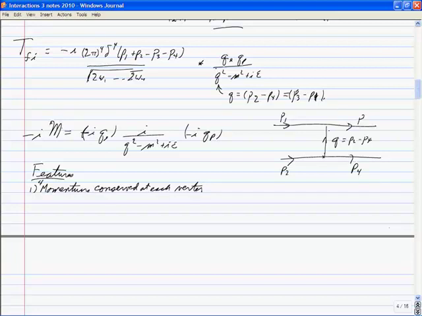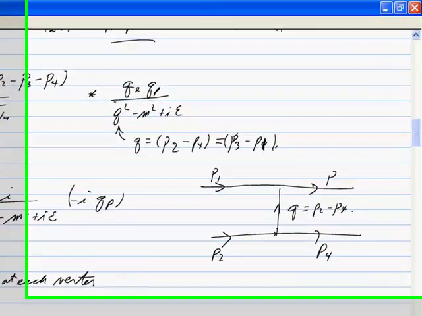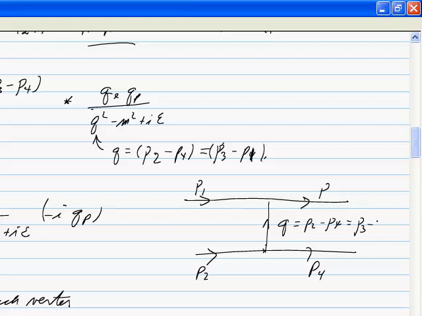And then up at the top here, since there's overall momentum conservation, q is also p3 minus p1. So that works here. p1 flows in, p3 minus p1 flows out, and that was a p3 flowing out.